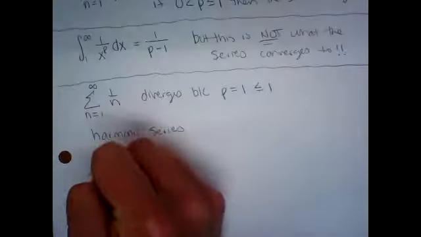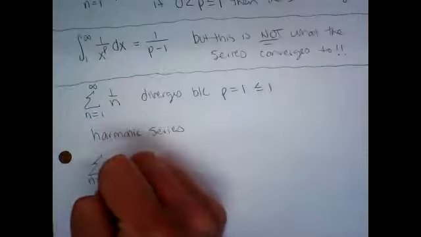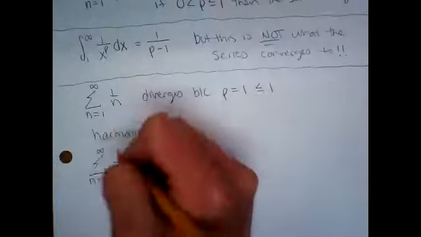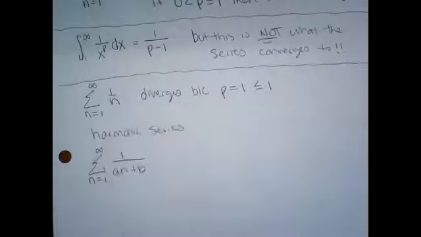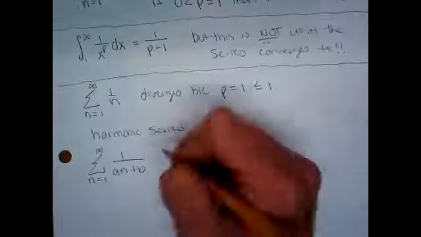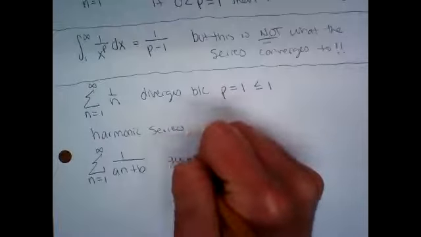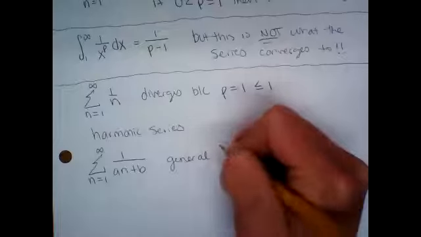Now, if you see one like this, I'm basically just bringing this up because I think it's cool. I don't think it's very likely that you're going to see one like this, but I think it's cool. If you see one in that format, that is the general harmonic series.